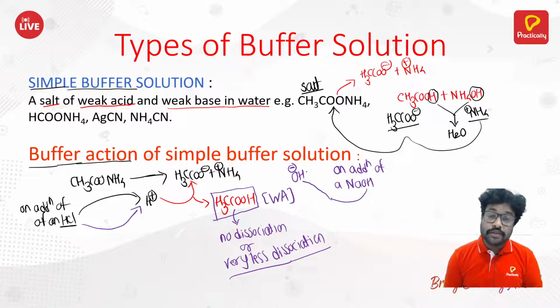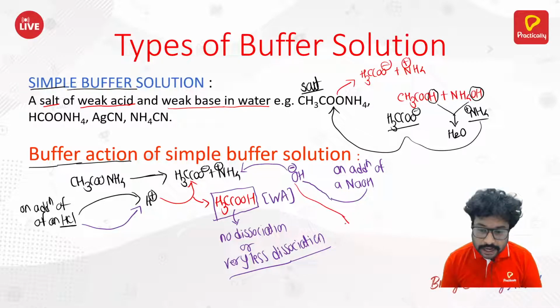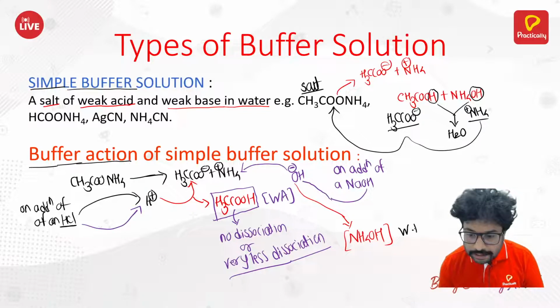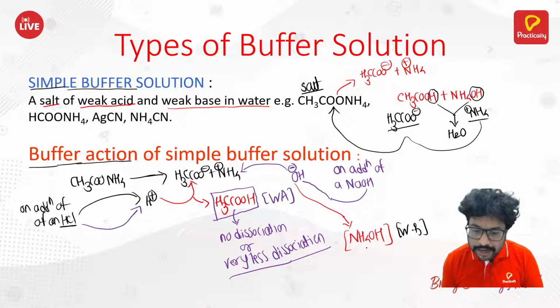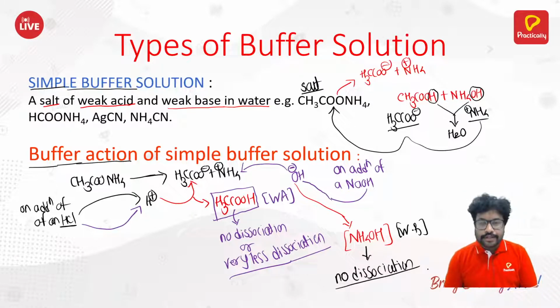What ion do you think it would combine with? It would combine with NH4 plus, and it would give you NH4OH. Now NH4OH is a weak base, so it will not dissociate further.